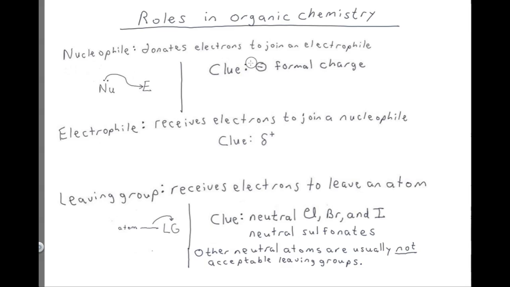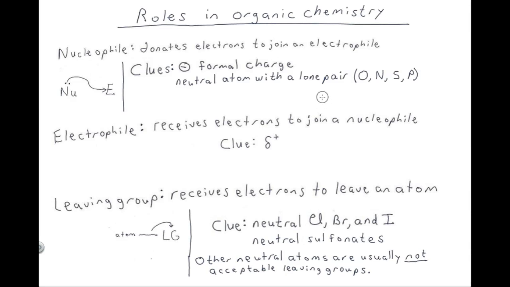So here's another clue you can use for nucleophiles when nothing has a negative formal charge. If there's no negative formal charge, you can also use a neutral atom as the nucleophile if the neutral atom has a lone pair. Remember that a nucleophile is something that will donate electrons, while a neutral atom can donate its lone pair.